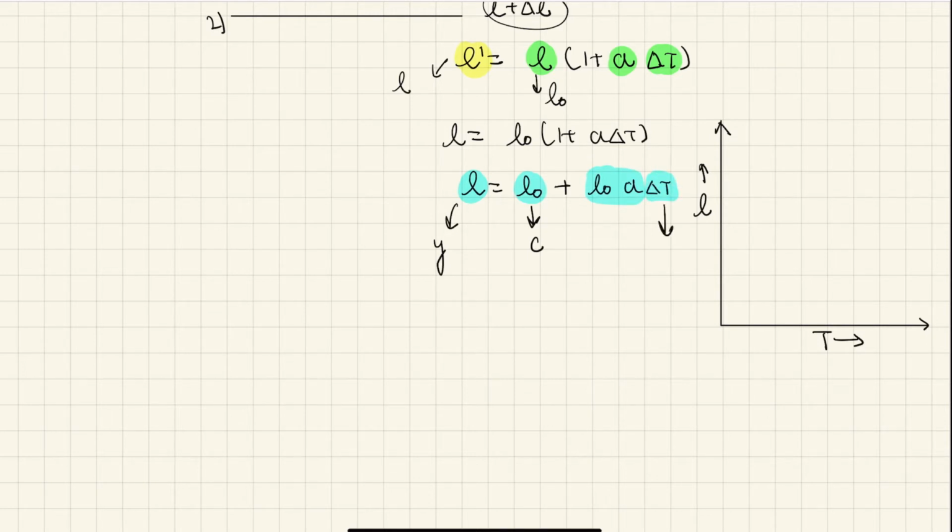So this could be written as X and this could be M. So this is a simple straight line equation, Y equals mx plus C. So the graph should look like this, right?